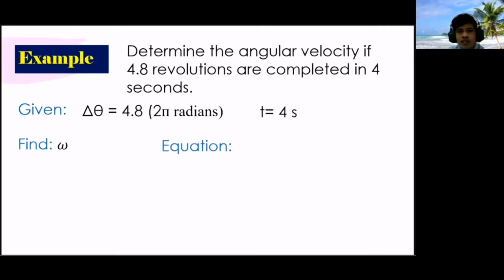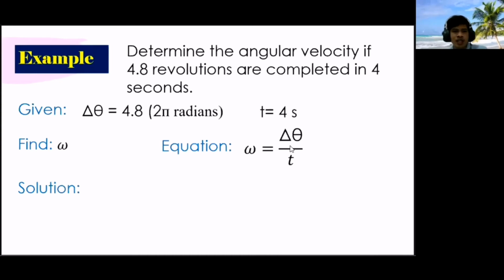And of course, we can use this formula: angular velocity is equal to the change in angular displacement, delta theta, over t. So how do you solve that? Anyone? Please try in your notebook, following this formula.